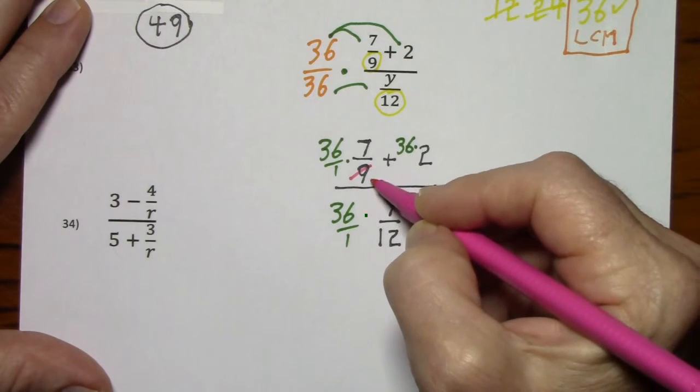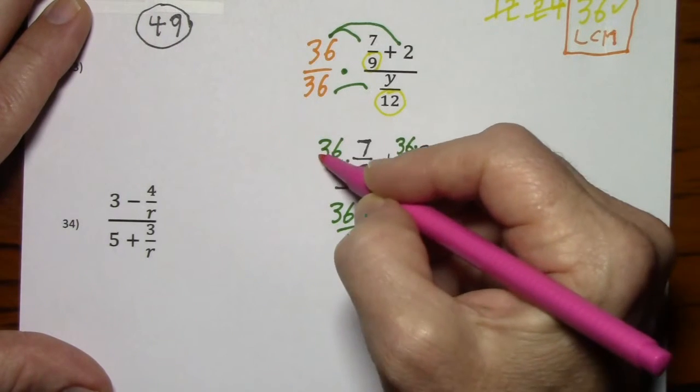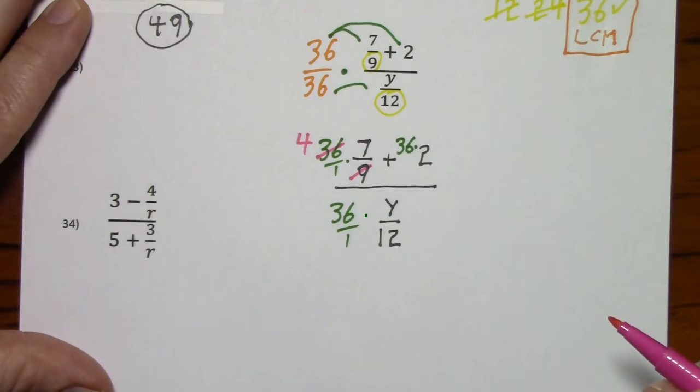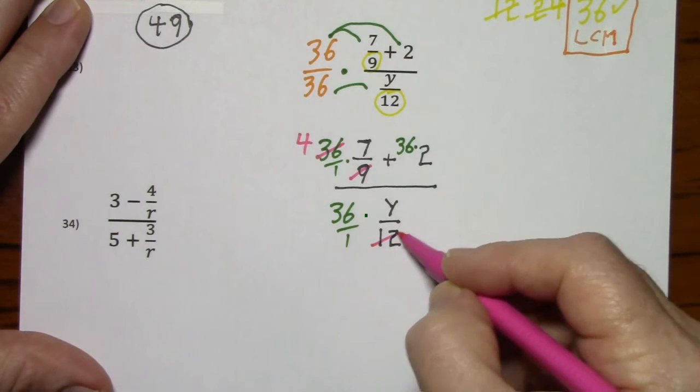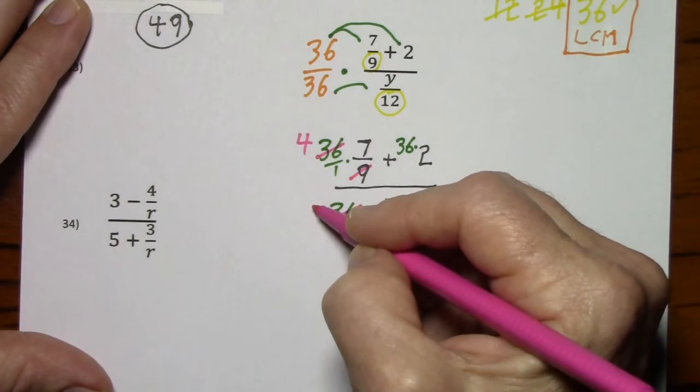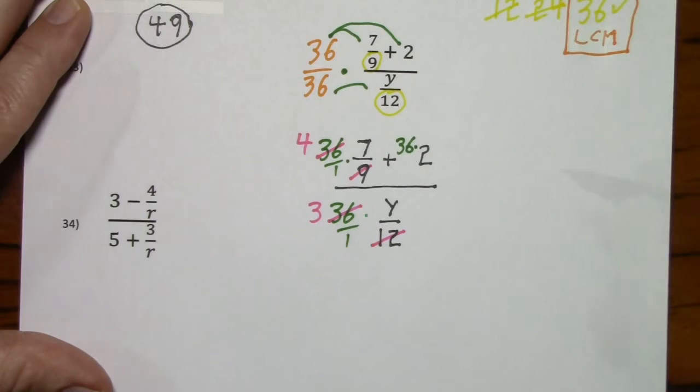Divide by 9 leaves you with 1. Divide by 9 leaves you with 4. Divide by 12 leaves you with 1. Divide by 12 leaves you with 3.